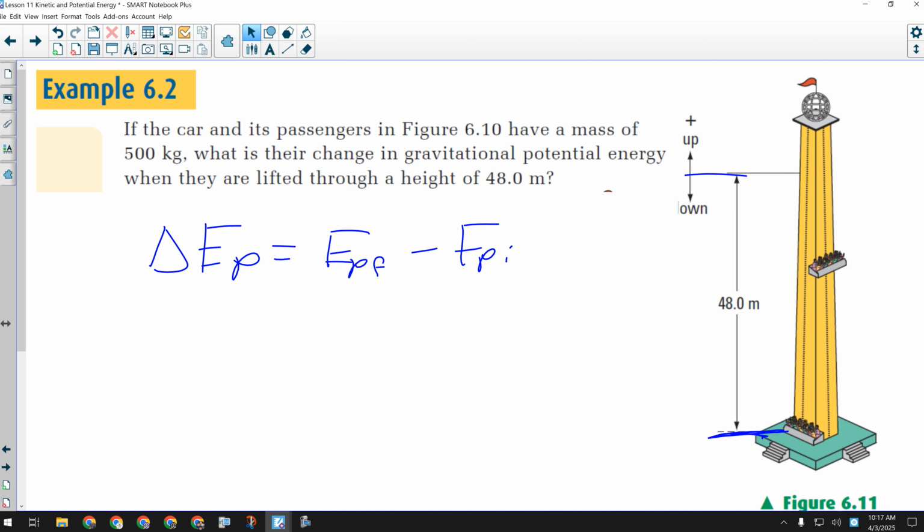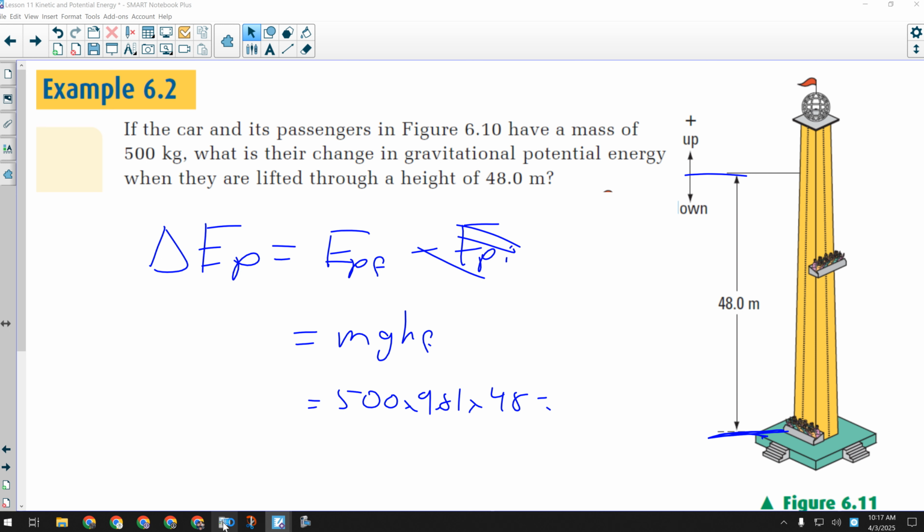Since this thing starts on the ground, what's its initial potential energy? Okay, mgh final: 500 kilograms times 9.81 times 48 meters.